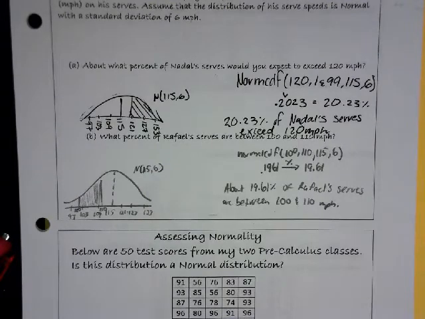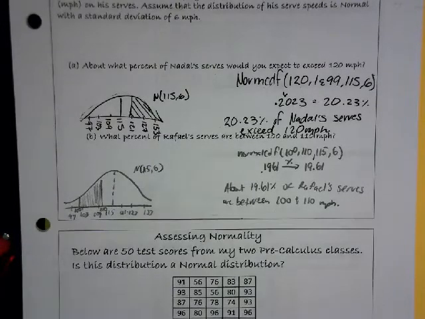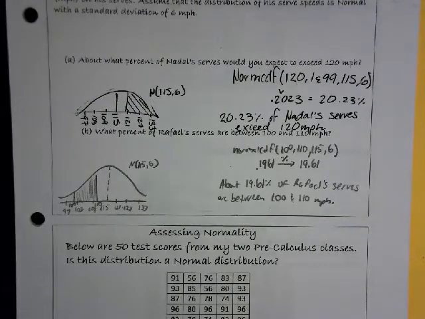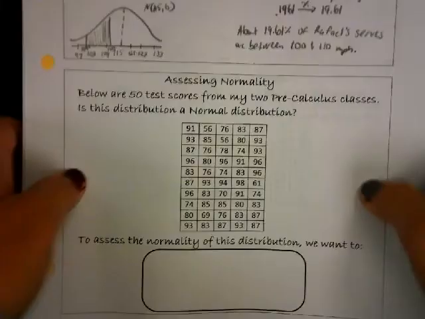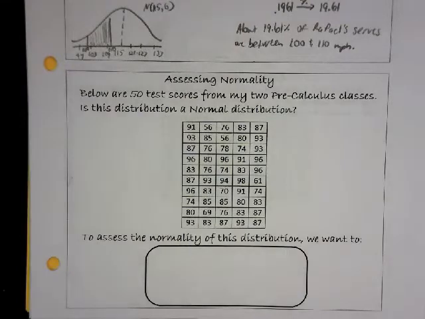Now, the other thing we're going to talk about today is that you need to be able to determine if a distribution is normal. Down below, I have 50 test scores from two pre-calc classes I taught a few years ago, and we want to determine if the distribution is normal.